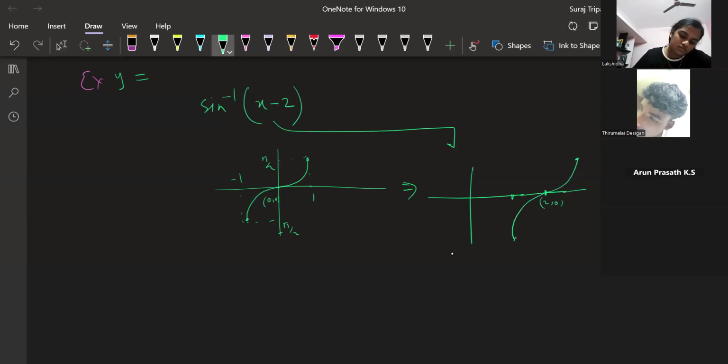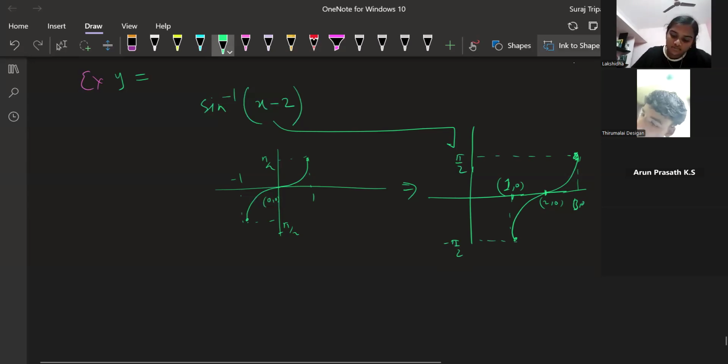The new graph will be like this. So this point is 1 and this point will become 3, comma 0. This point is 1, comma 0. On the y-axis everything will be the same. This is minus pi by 2, this is pi by 2. Right?